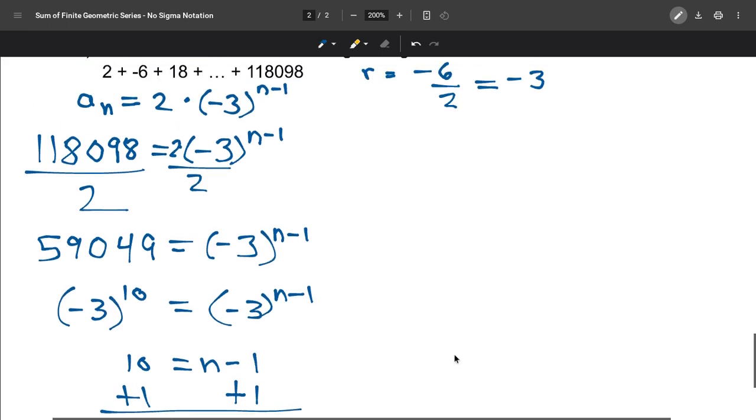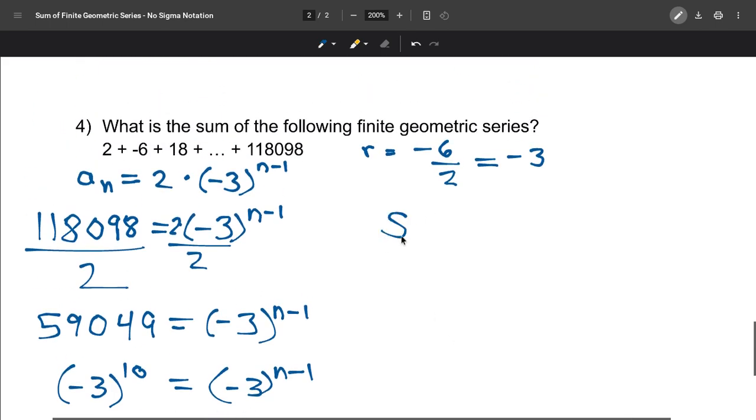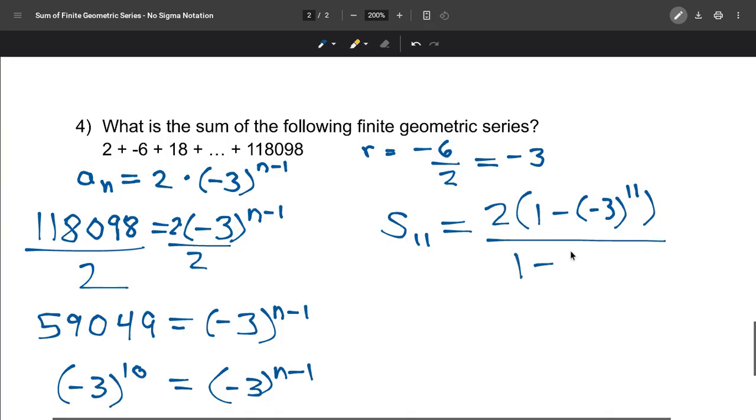Okay? So we're going to look for the sum of 11 terms, all right? And that's going to be the first term, so 2 times 1 minus the common ratio, -3 to the 11th power over 1 minus the common ratio, -3.